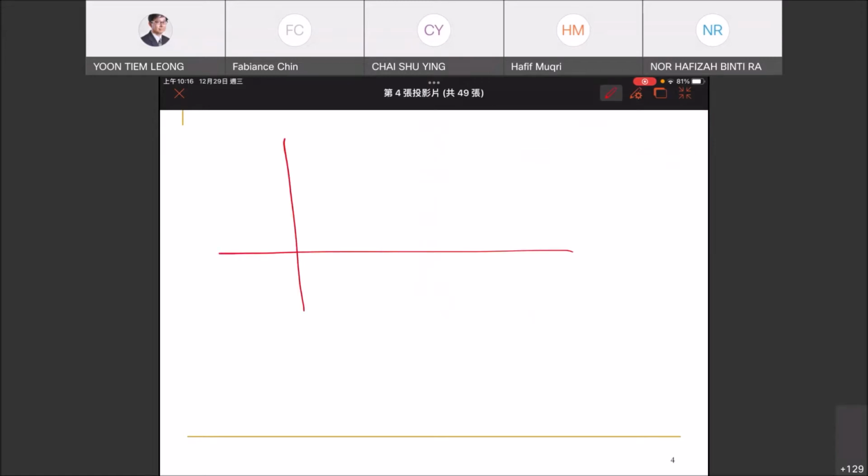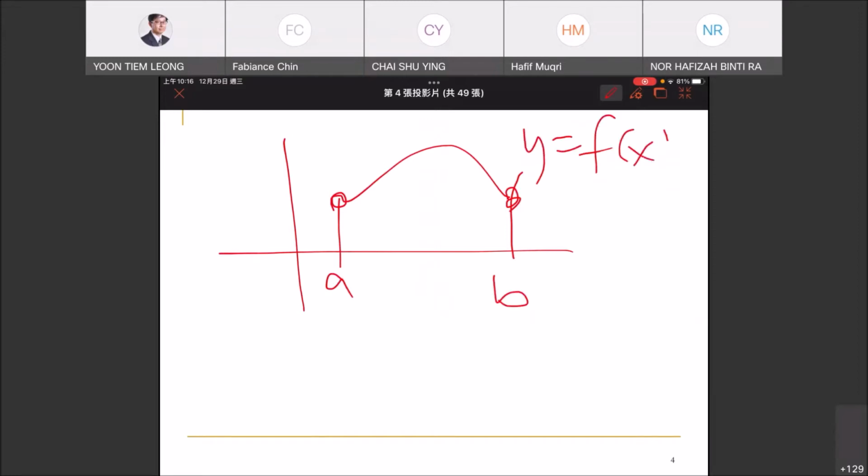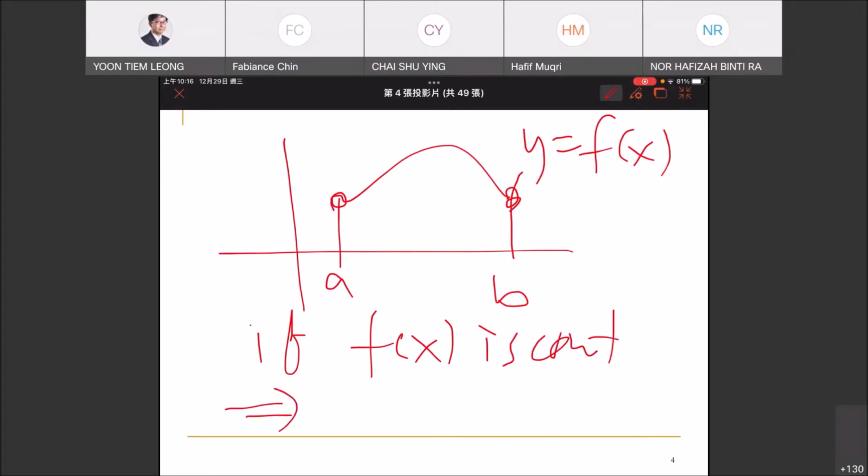What I want to tell you is that according to the previous topic, it is said that if you have a function that is continuously defined between a and b, you have a function f(x) that is continuous, then the theorem guarantees that f(x) is integrable, right?